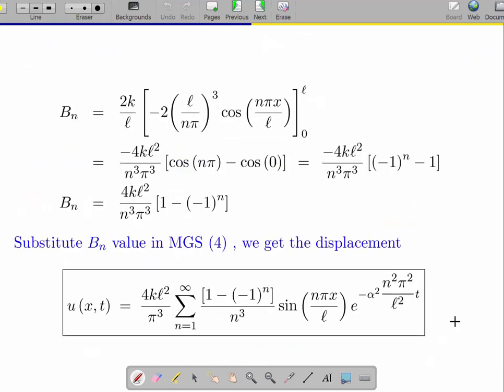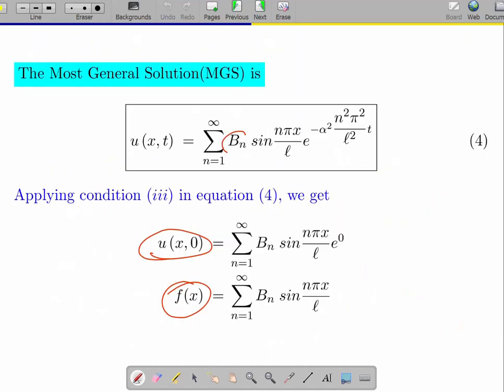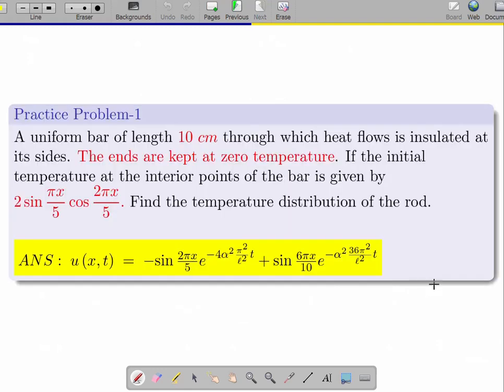Now I apply the upper and lower limits and conclude to get Bn. After finding B1, you can replace it in your most general solution, and we will get the solution. This is the problem for you to practice and check whether you have got this.